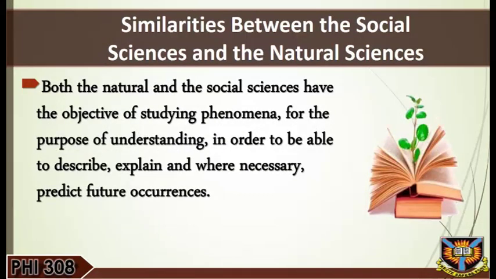Both the natural and the social sciences have the objective of studying phenomena for the purpose of understanding, in order to be able to describe, explain, and where necessary, predict future occurrences. The natural sciences strive to study and understand objects in nature so as to be able to describe, explain, and predict natural occurrences, events, happenings, or phenomena.